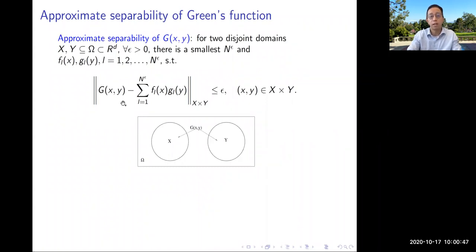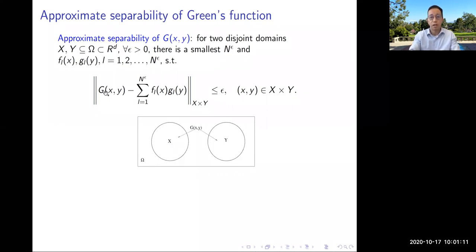So basically, you're trying to see, okay, if I give you a two variable function, how many terms do I need if I want to represent it as the sum of products of one variable functions, called separability, in order for this approximation error to be less than or equal to some tolerance.